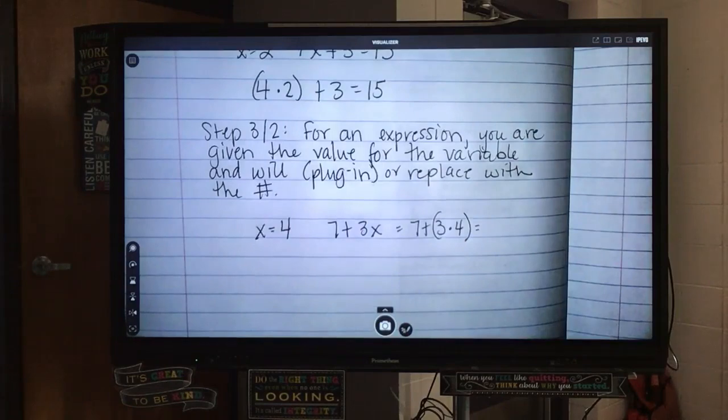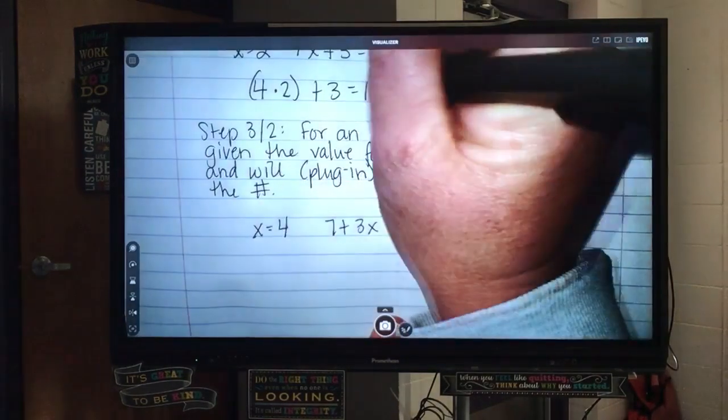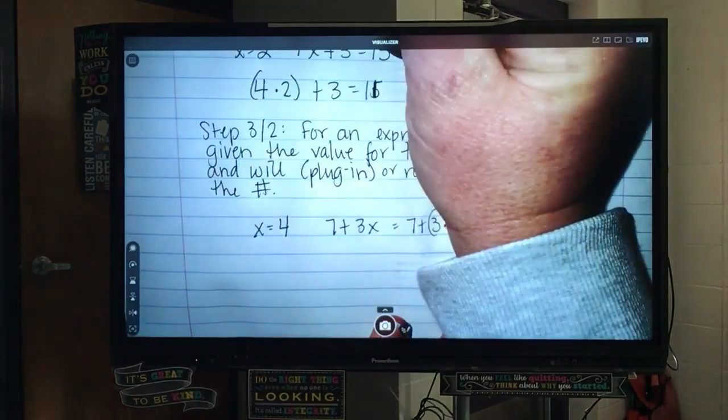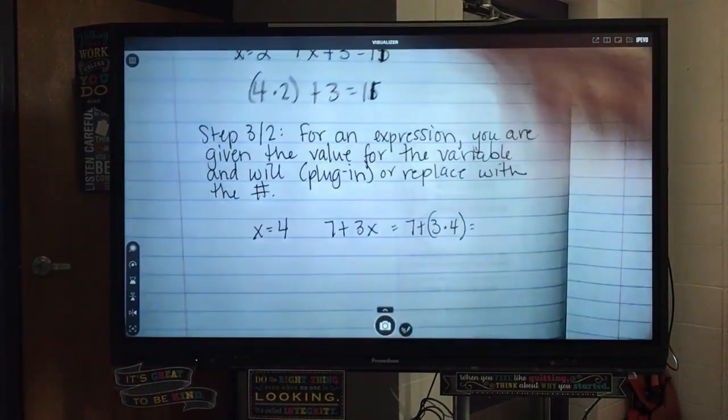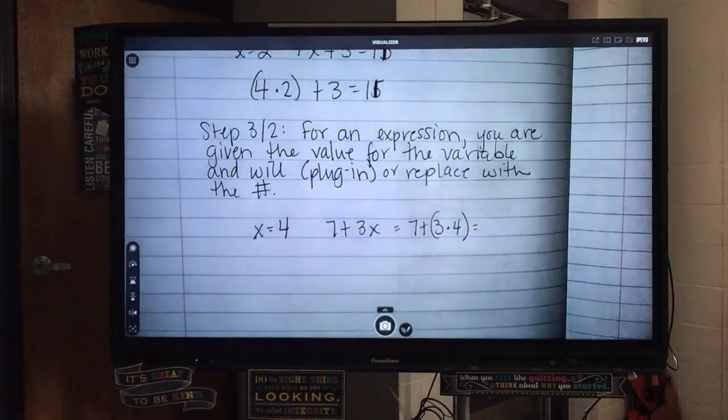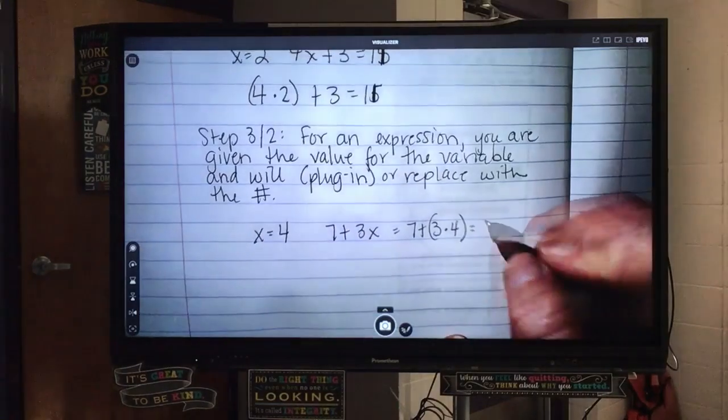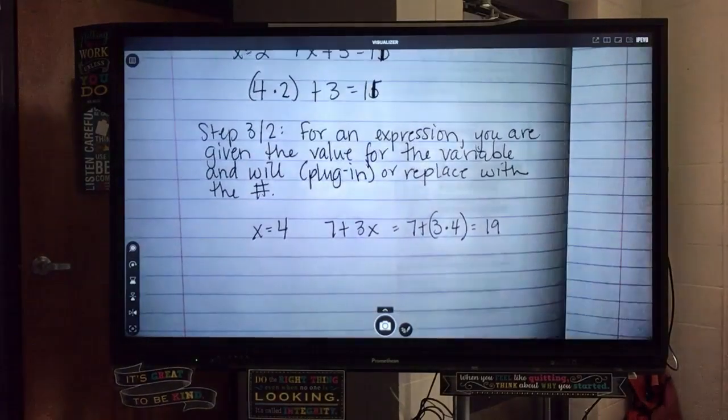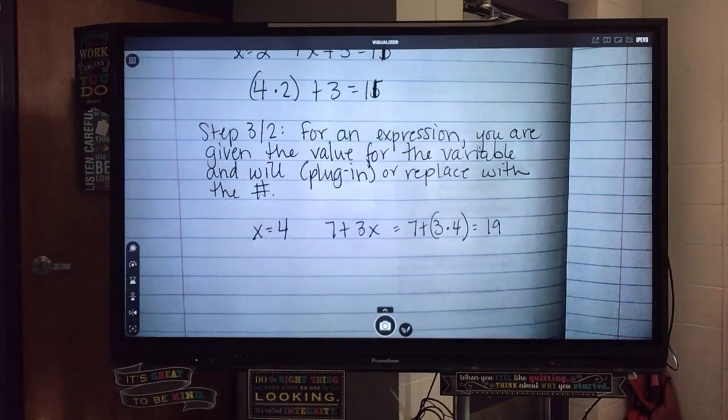Because this time you're actually, I apologize, you said this should have been 11? Okay. Go ahead and just change that. So this time though, you don't have an answer to check, you just have to hope you did it right. Will it equal 19? Yeah.